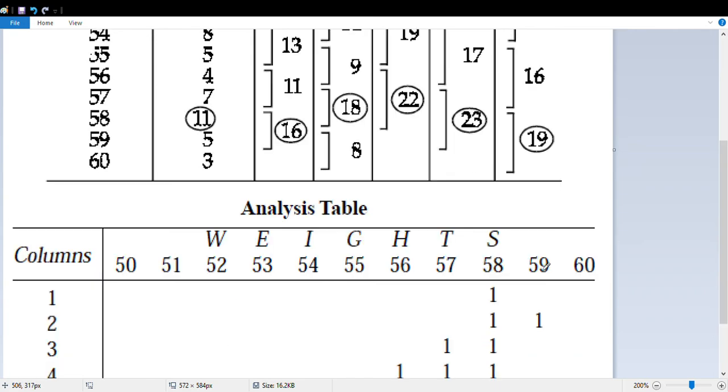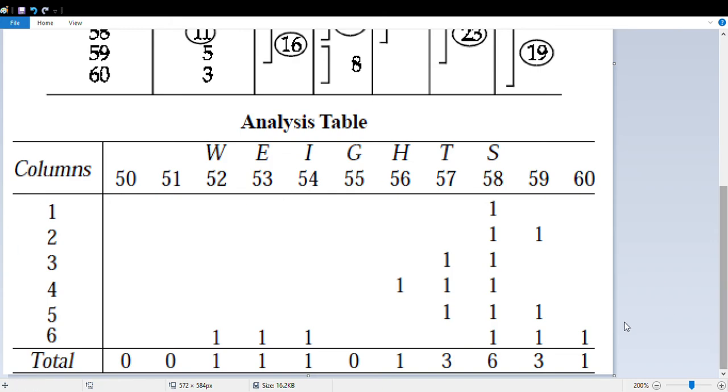In the same way, in column number 3 the highest frequency is 18. How do we get this 18? By adding 7 and 11. Corresponding to these values, the variables are 57 and 58. Under 57 and 58 put tally bars.